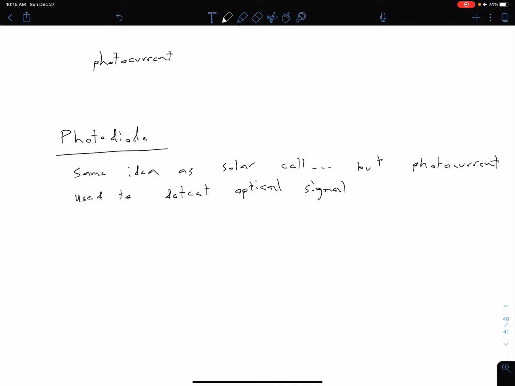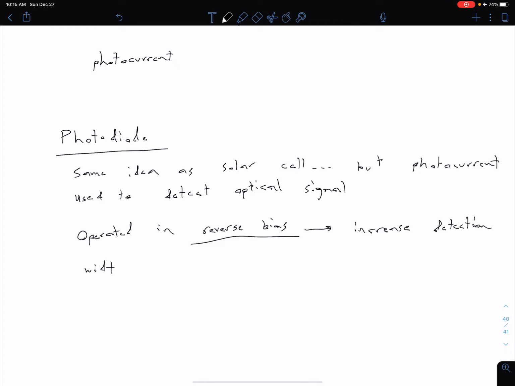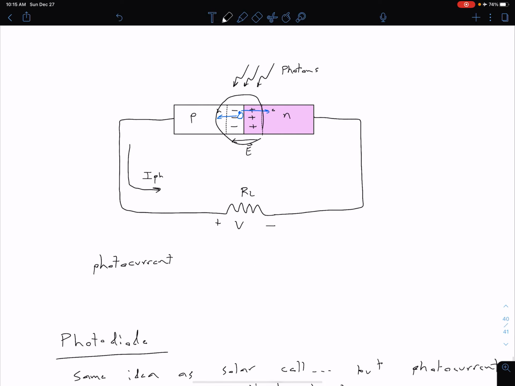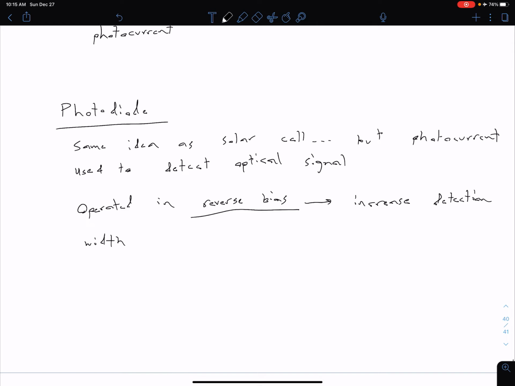Ultimately what we're doing is quantifying the amount of photons coming into our photodiode. Because of this, the photodiode is going to be operated in reverse bias. The reason we want to do that is to increase our detection width, or in other words, increase our depletion width, because that's our sensitive area.